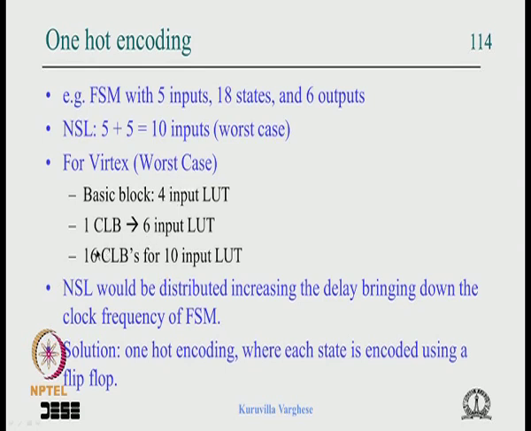Now when you have a 10 input lookup table, you need 16 CLBs, because one CLB can implement a 6 input lookup table. So you need 2 for 7, 4 for 8, and so on. So you will end up with 16 CLBs. I have definitely exaggerated it, because it's not the case that all the next state decoding will require all the external inputs.